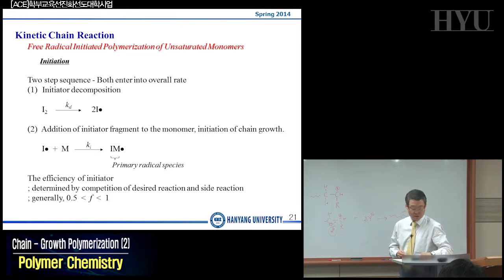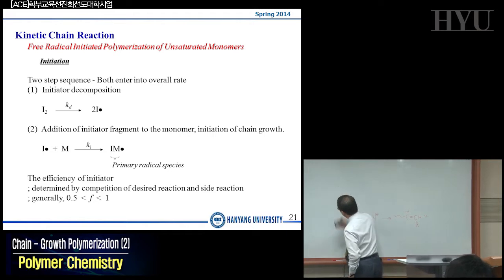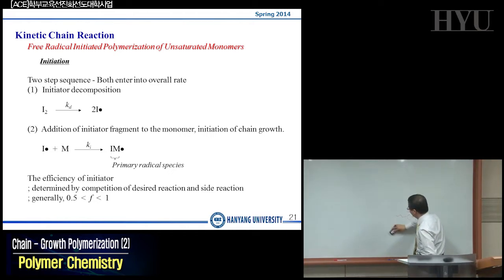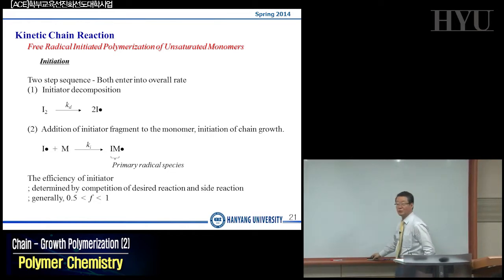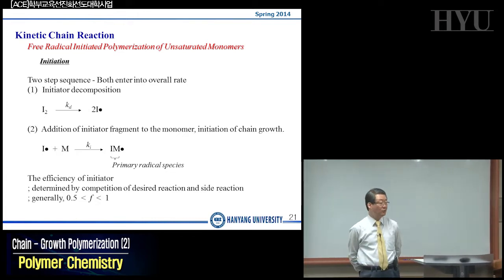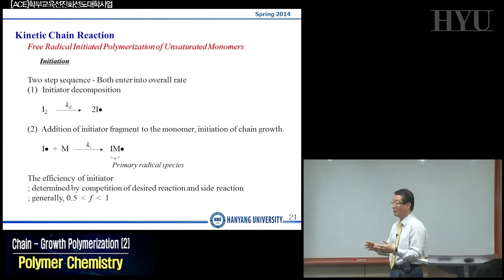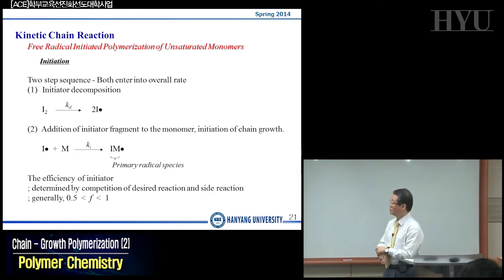Okay, so so far we have compared ionic polymerization versus free radical polymerization reactions, and also we talked about polymerization reactions versus non-polymerization reactions, and we also compared the difference between free radical versus ionic in terms of terminated species, initiations, and the type of reactions.